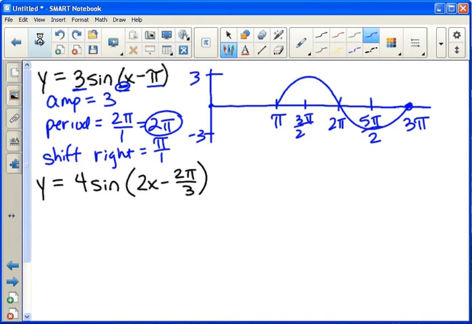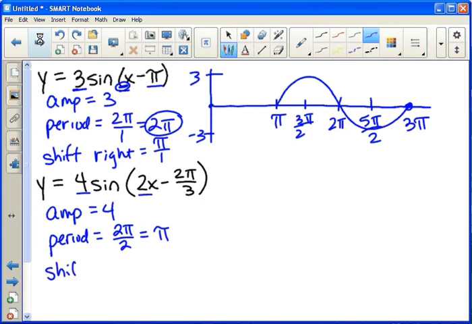4 sine of 2x minus 2 pi over 3. So the amplitude is 4. I get that from right there. The period is going to turn out to be pi because we do 2 pi divided by b. So that gives us just pi. And then we shift, again, since there's a minus right here, we're shifting to the right.